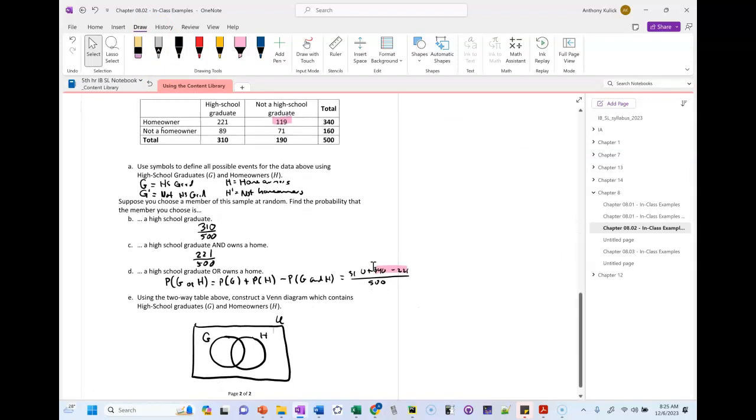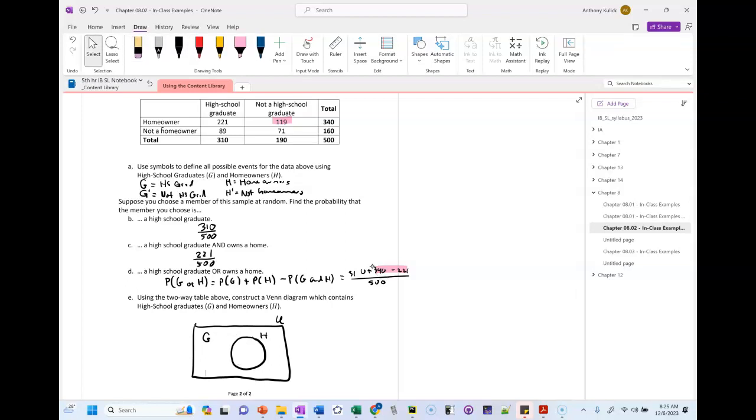Zoom out so we can see the table at the same time. So where's the 310 going then? Here? Nope. Because that whole circle needs to contain only 310.